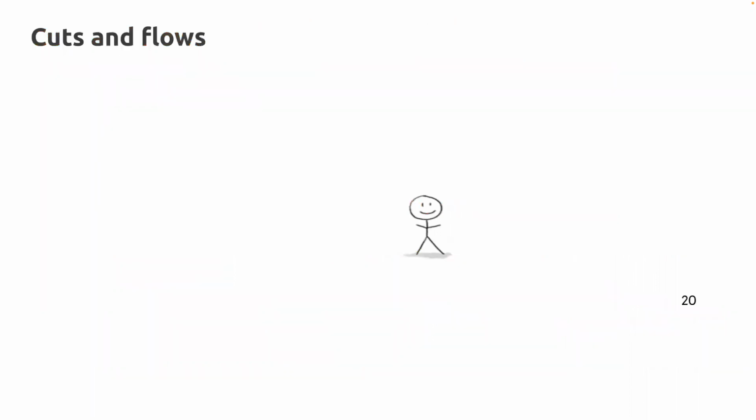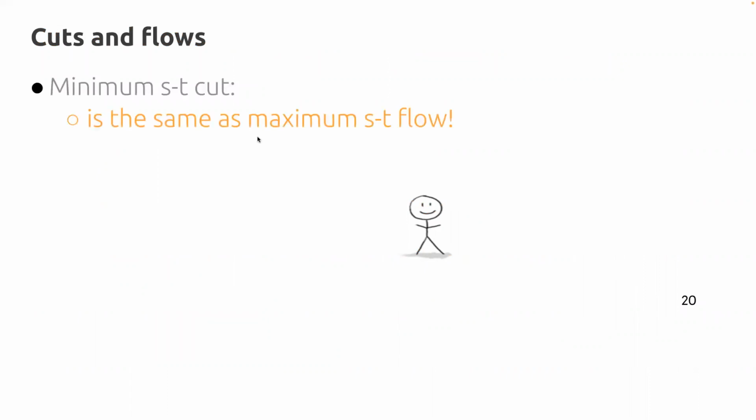Okay. All right, the last thing we covered was cuts and flows. So we talked about the minimum s-t cut, which turns out is the same as the maximum s-t flow. And we talked about the Ford-Fulkerson algorithm, which is used to find the maximum flow. Okay.